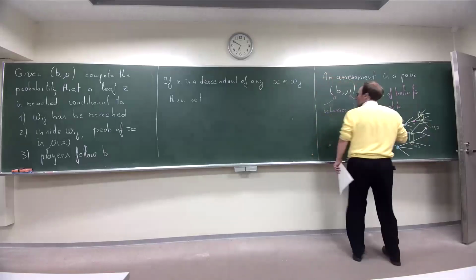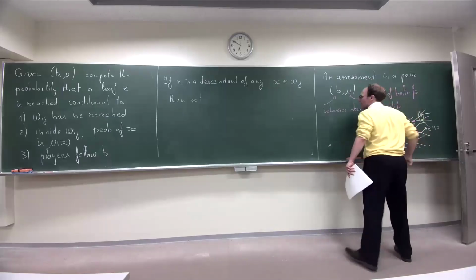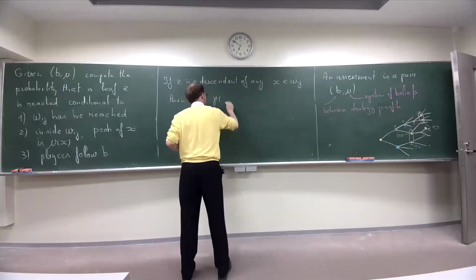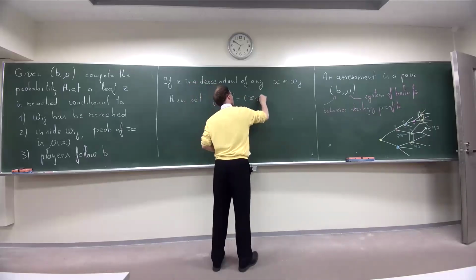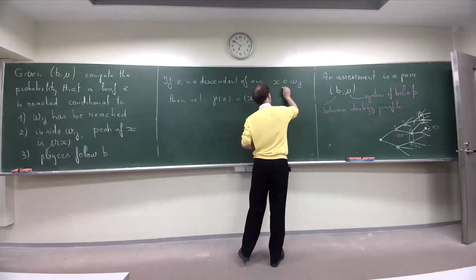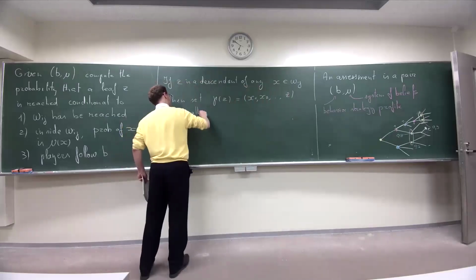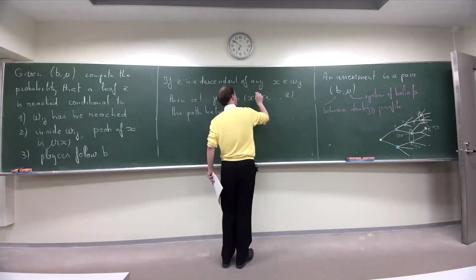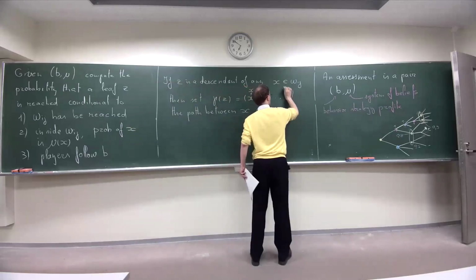Okay, so suppose that z is a descendant of omega ij. Then set gamma of z equal to, we have already seen this. It looks complicated, but it's not. This is the path between x, so the first one is x, and the last one, I should write xm, the last one is z.